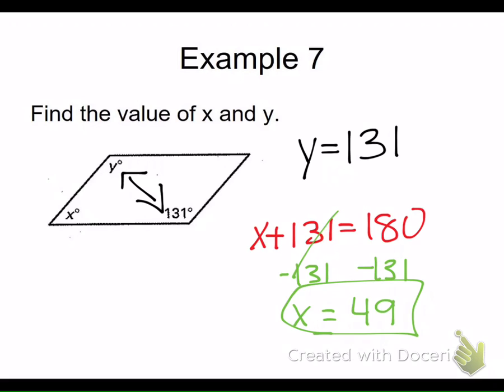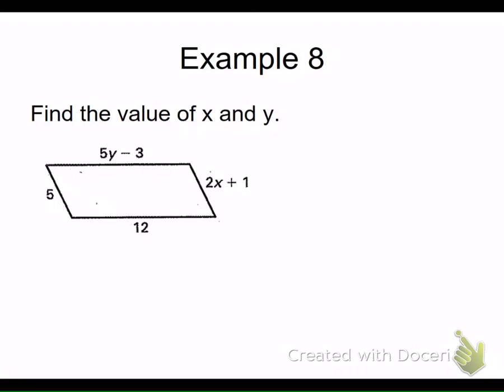All right, number 8, I'm going to do kind of rapid fire. If it doesn't make it into your notes, that is fine, but I do want to show it to you. Because on number 8, we're going back to the side lengths. What do you know about opposite sides? What do I know about opposite sides of a parallelogram?